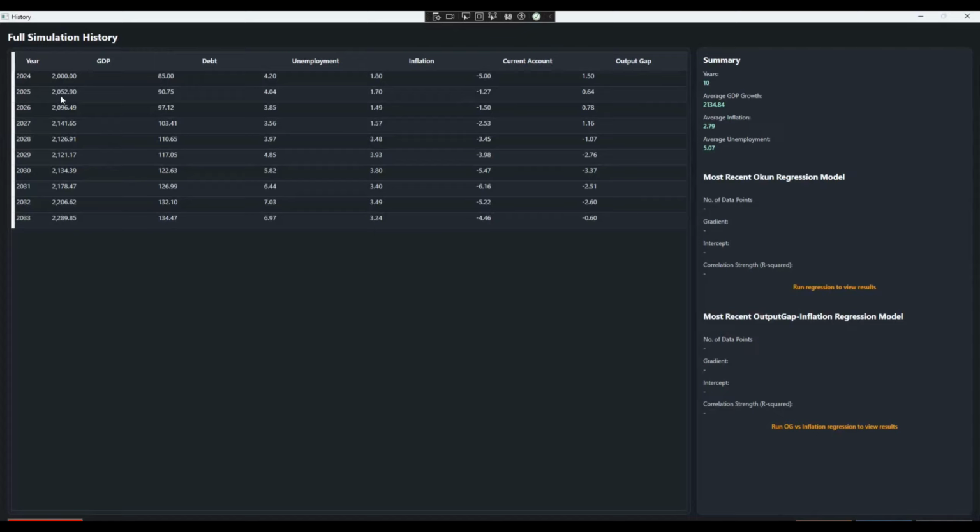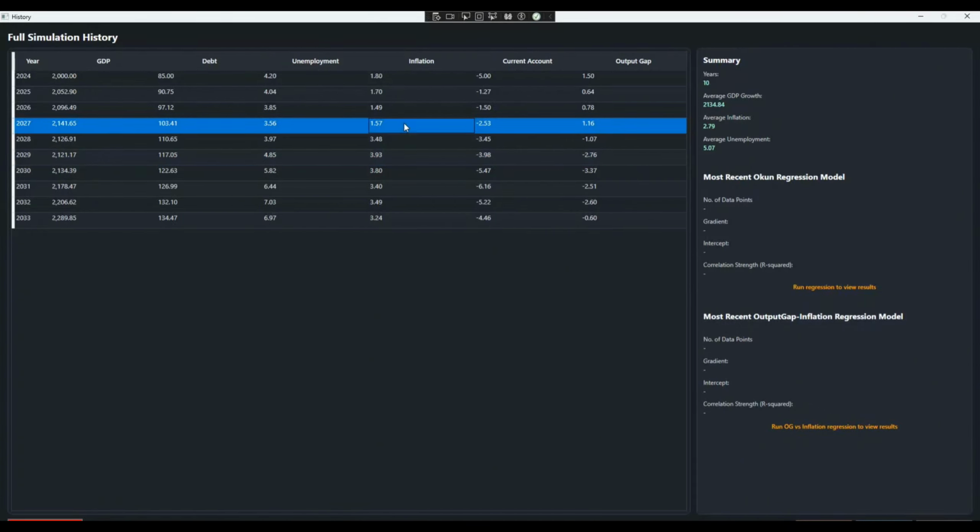Analyzing, you can see GDP 2025, 2026, 2027, and once we hit the oil and supply shock, that positive trend line changes and starts to decrease 2028, 2029, and it picks up at 2030, 2031. And then you can witness inflation as well.